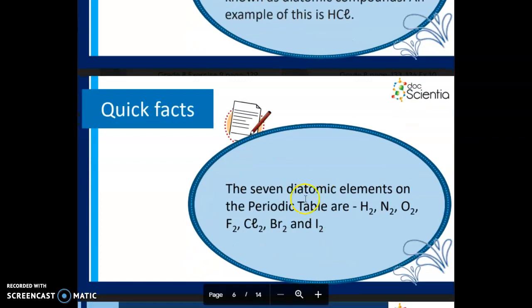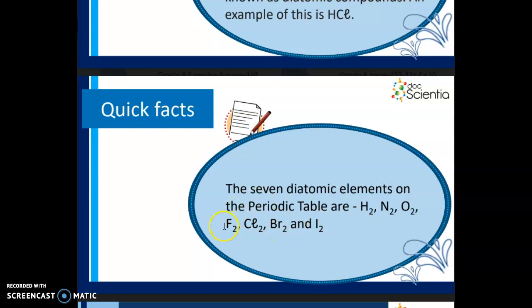Quick facts. The 7 diatomic elements on the periodic table are hydrogen, nitrogen, and oxygen. These are all the gens. Then we have fluorine, chlorine, bromine, and iodine.